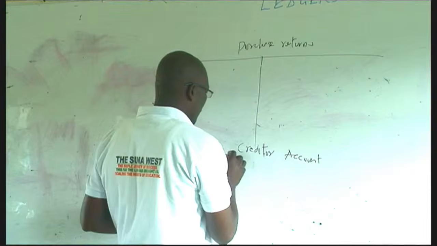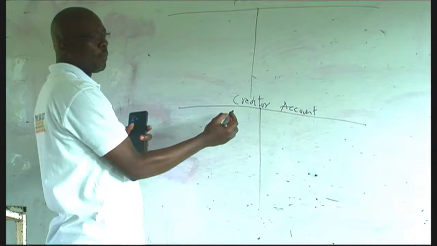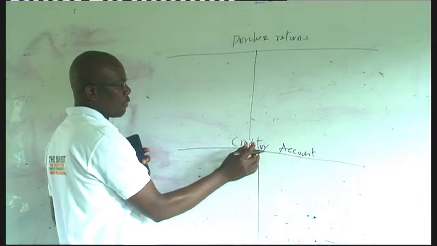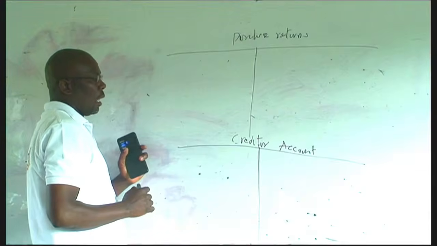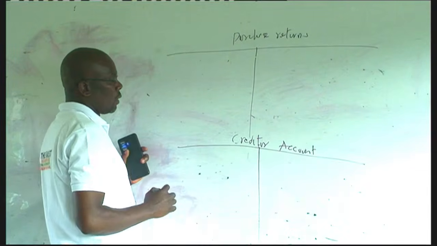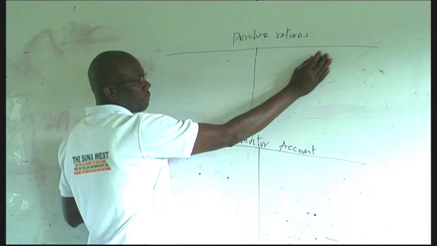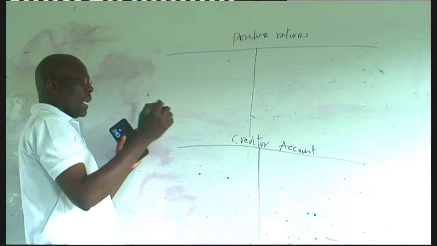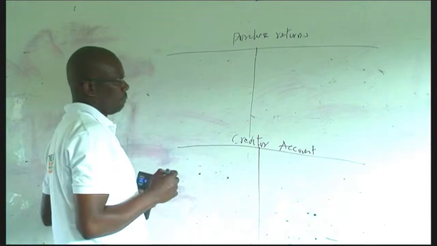If that creditor has a name, then we will write the name of that creditor here. But for now, allow us to use the creditor in this case. So we are going to credit the purchase returns and debit the creditor's account.